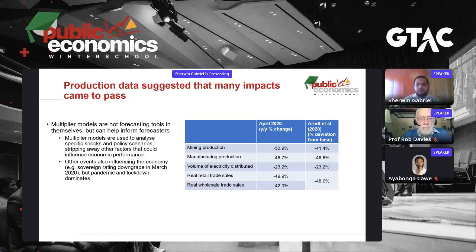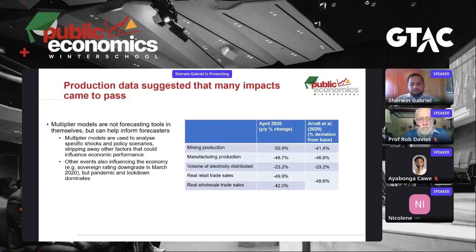Although they're very close, even though there's, for example, a 9 percentage point difference in mining production, given the scale of this decline, what we appreciated about this comparison is that the model was telling us, at least in terms of relative impact, what the potential impact could have been, or what the potential impact was, and that the insights that we were getting from the analysis were indeed valid.